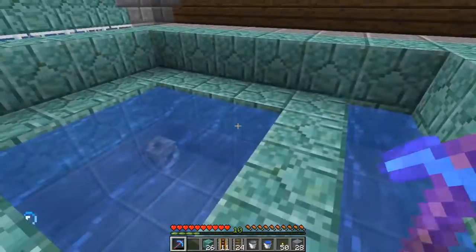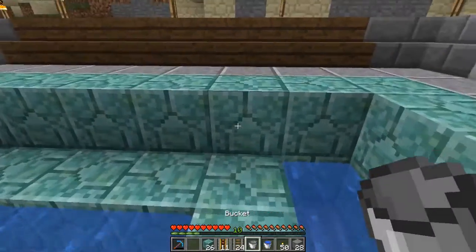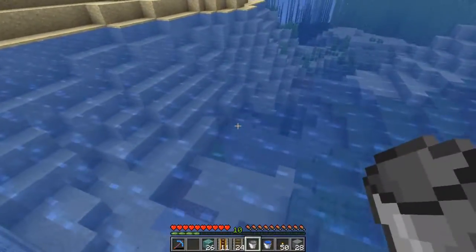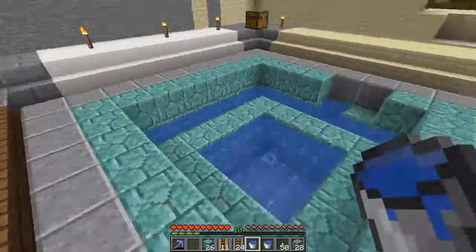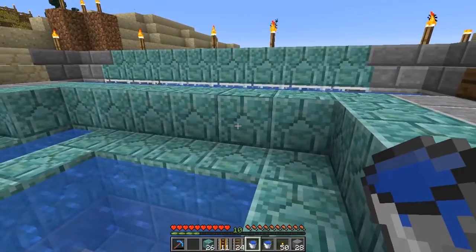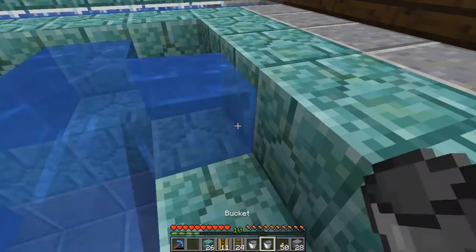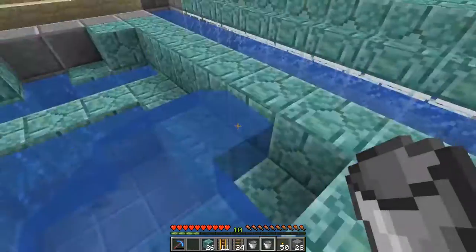But of course I also need water above it. So that means one more layer of water I'm going to be needing for this mess. And that's going to be starting here. And yeah, it just goes downward towards there.